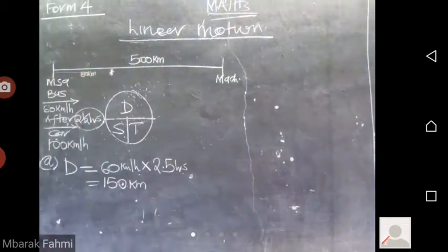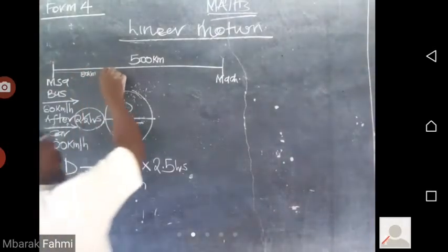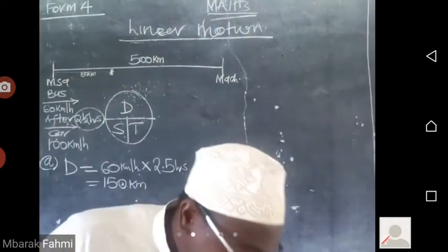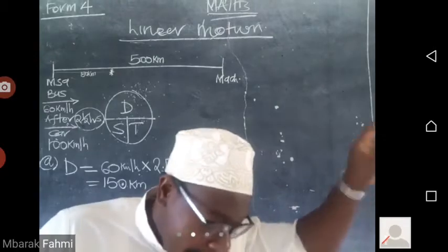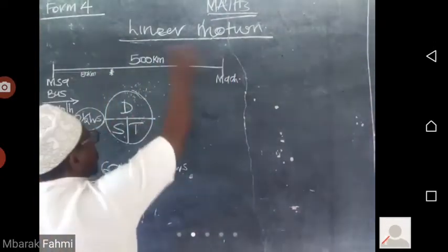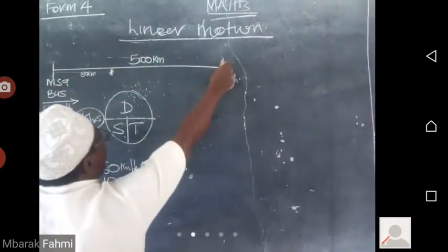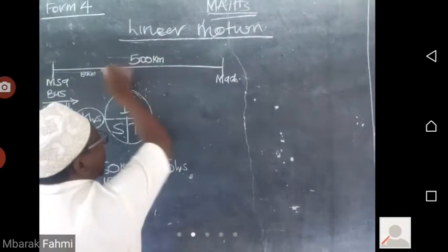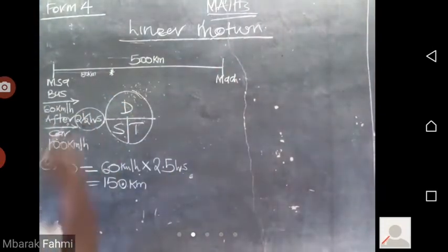But you are told the distance is measured from Machakos. The question is the distance of the bus from Machakos when the car took off. From Machakos the total distance is 500, and it has covered 150. What distance remains to reach Machakos?